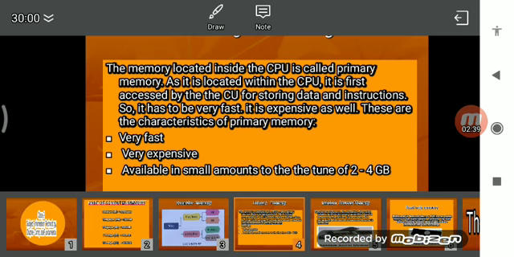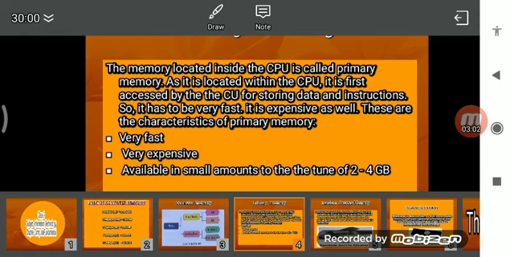As it is located within the CPU, it is first accessed by the CU for storing data and instructions.